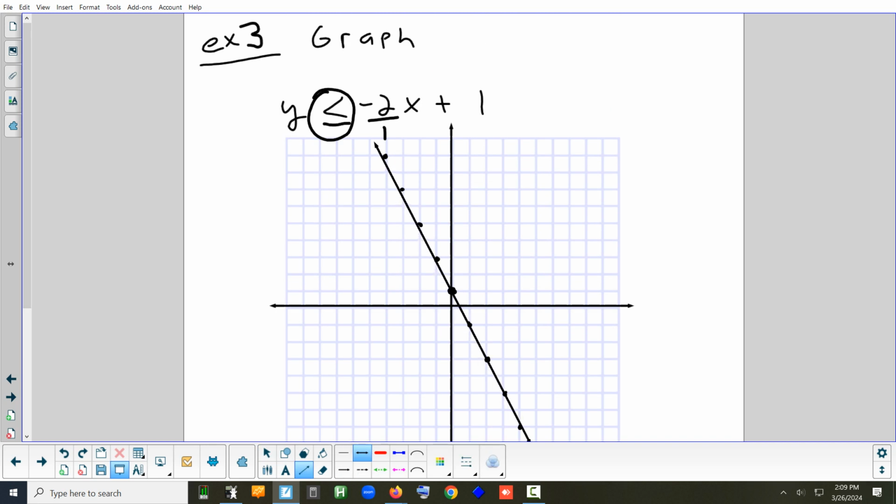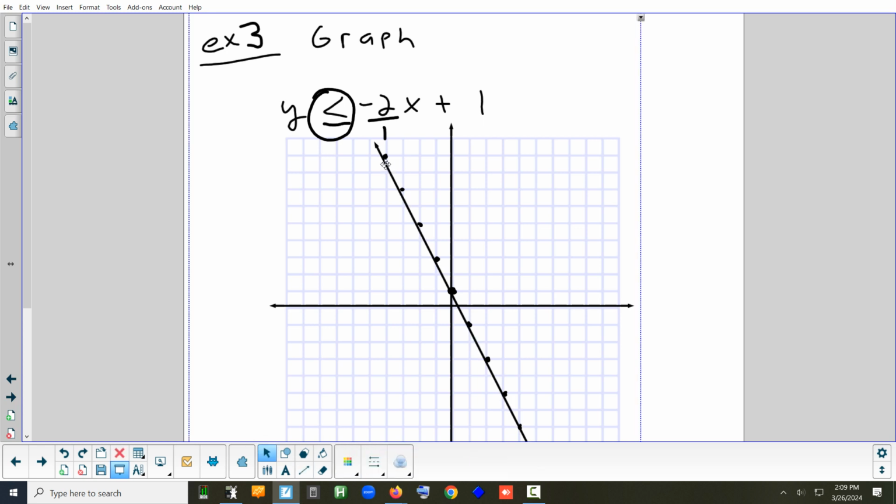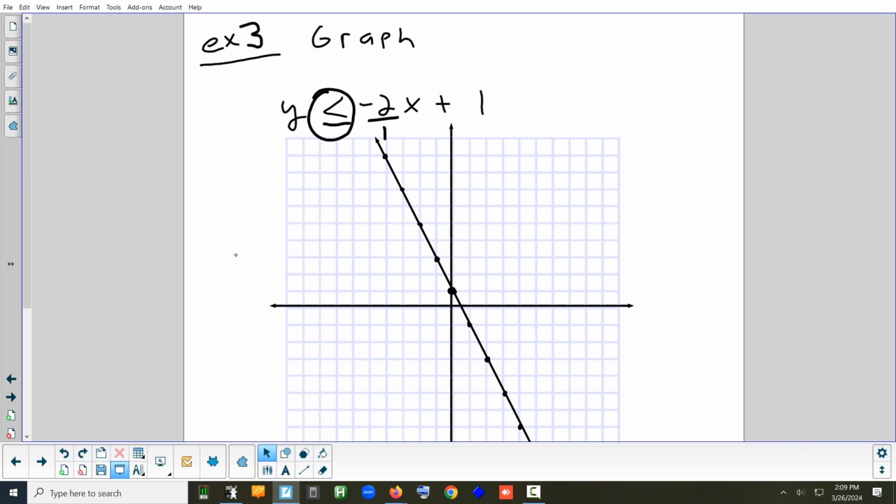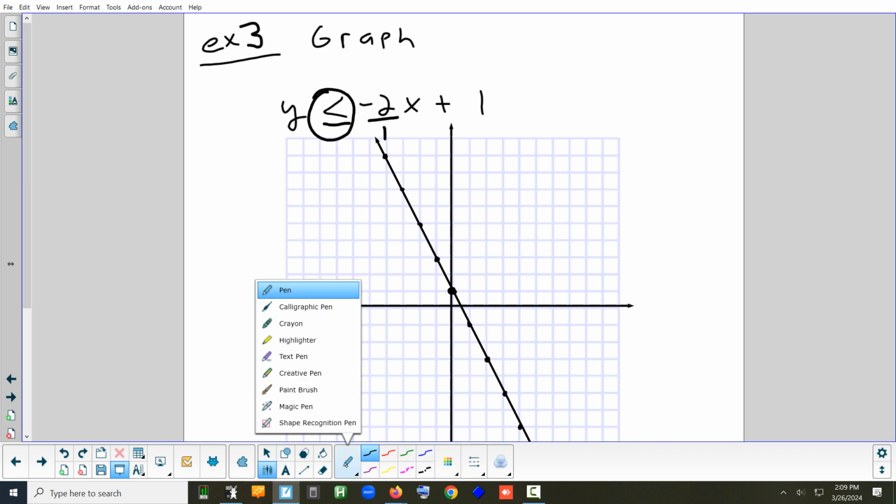All right, let me put that in. It's not perfect, but it's okay. Good enough. Now, below is on this side, above is on that side. Which way do we shade this time, above or below?